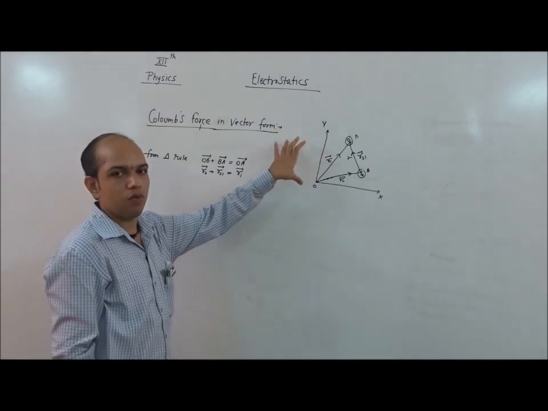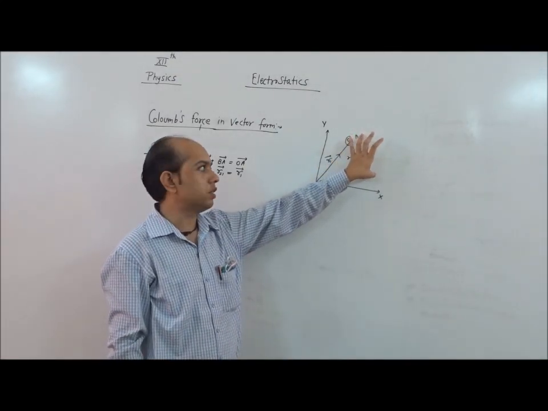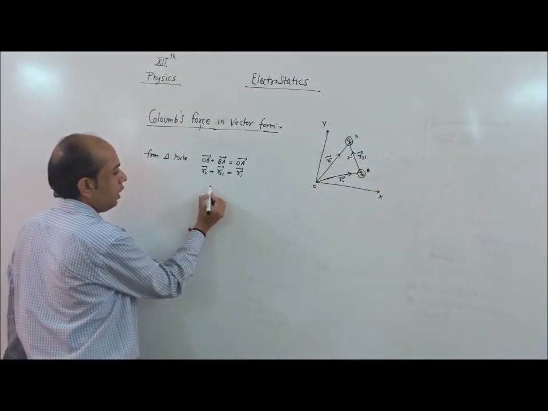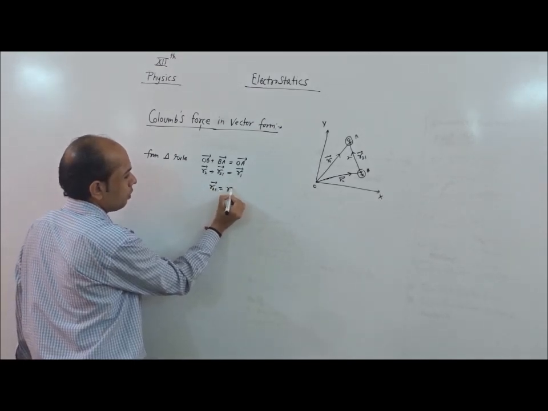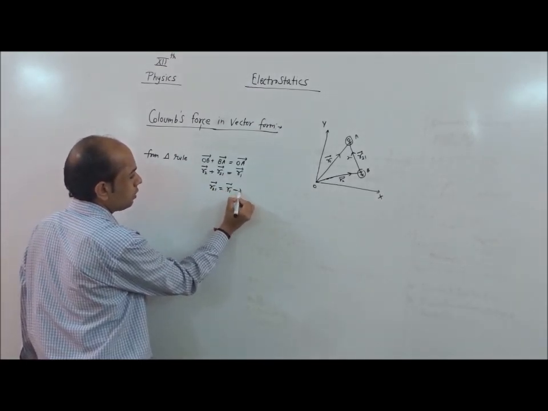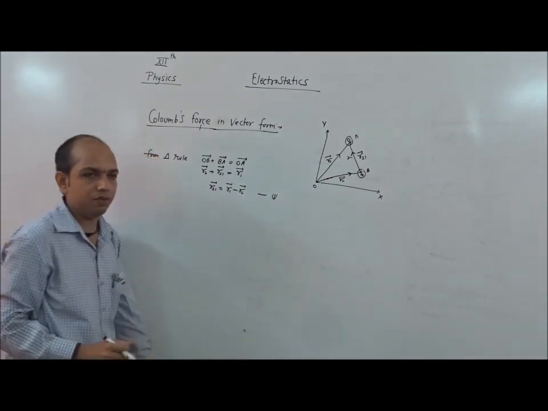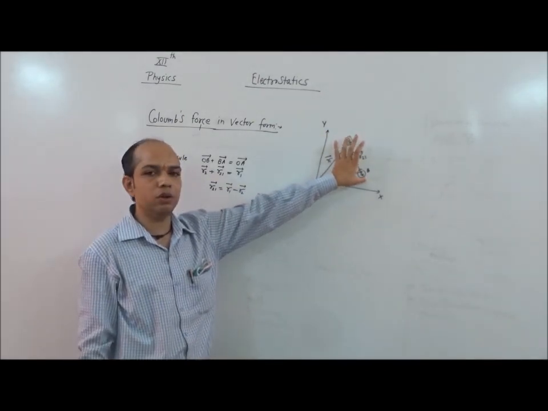In order to find the Coulomb's force, we require the distance between the two charges, that means R21. So from this identity we have to find R21. R21 equals R1 vector minus R2 vector. This represents equation 1, and we also know the distance between the two charges.